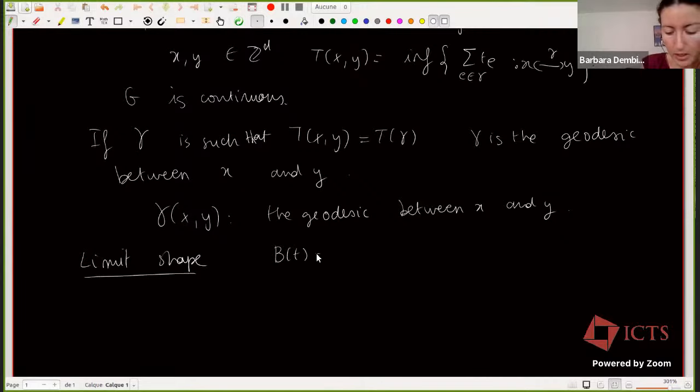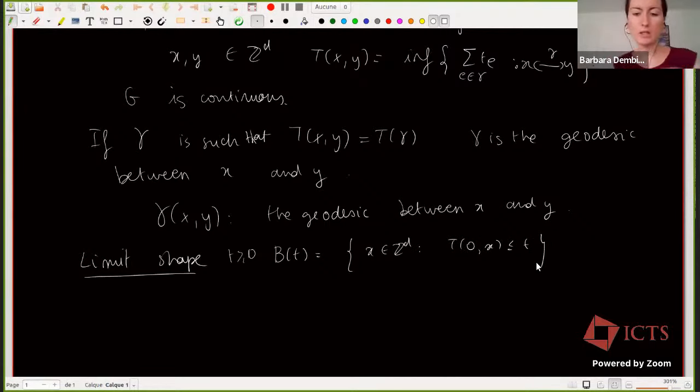So if I fix some time t greater or equal than 0, and I start an infection at 0 and the infection propagates through vertices, and the time the infection takes to propagate from one neighbor to another is given by the time along the edge, and I look at B_t, the set of infected vertices at time t, these are the points x in the lattice such that the time between 0 and x is smaller than t.